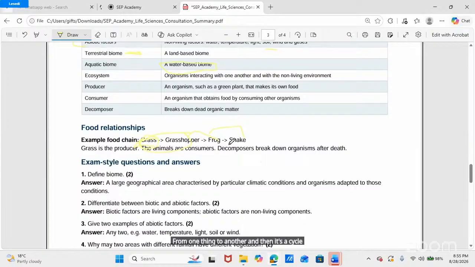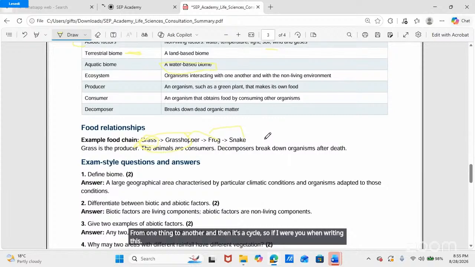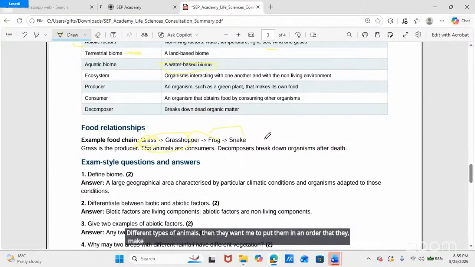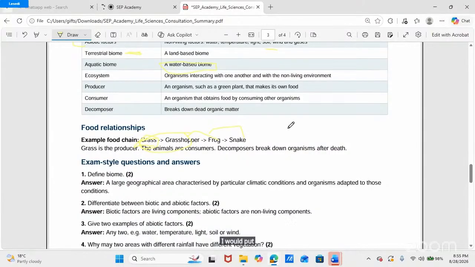So if I were you when writing this, let's say they have given me different types of animals and they want me to put them in an order that makes a food chain. I would put the grass first, then an arrow, then the grasshopper, then an arrow, then the frog, and after the frog, the snake.